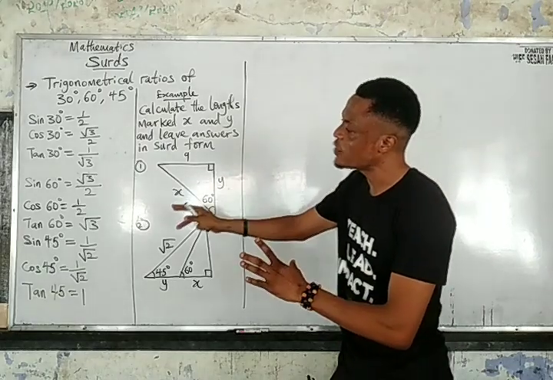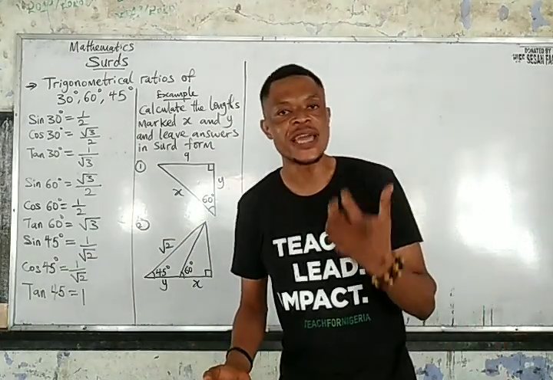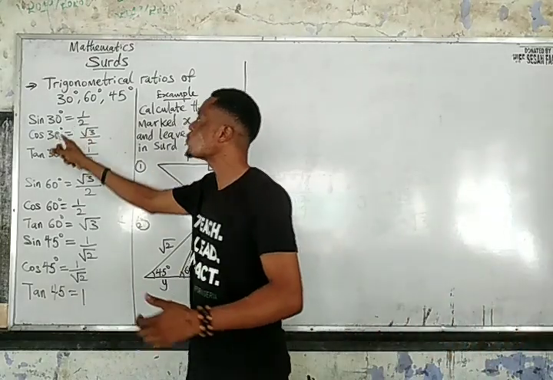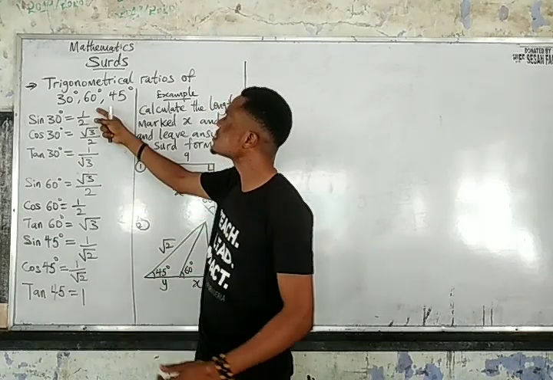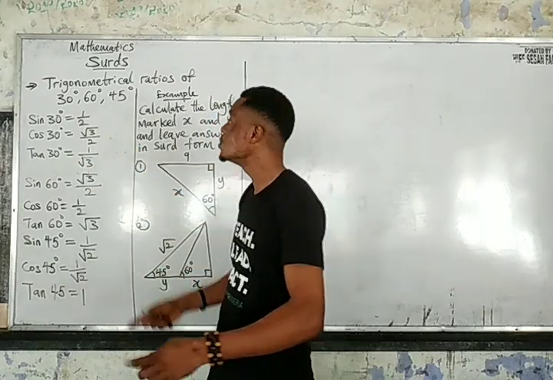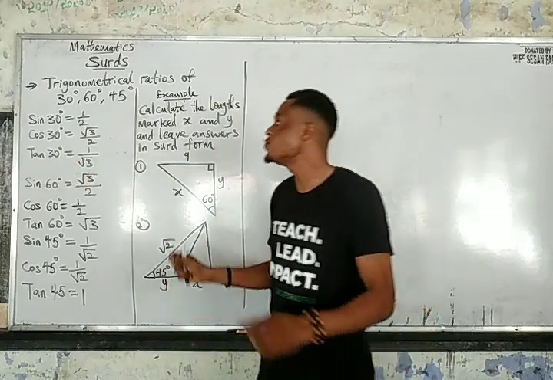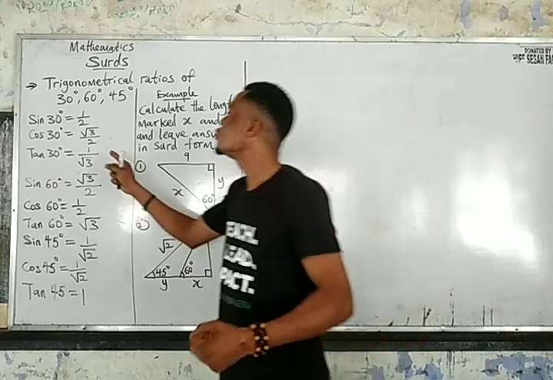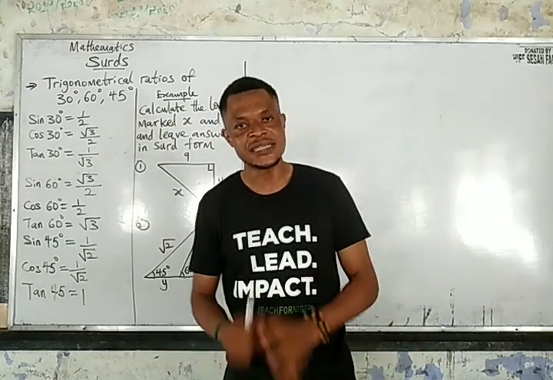We are using these values instead of the decimals that we get from our calculator. If you check, by the time you punch your calculator, sine 30 will give you 0.5. 0.5 is still the same thing as 1 all over 2. Likewise, when you pick at random, tan 30 will give you a value in decimal. But by the time you check the equivalence of this to what we have here, 1 all over root 3, you will see that they are the same.